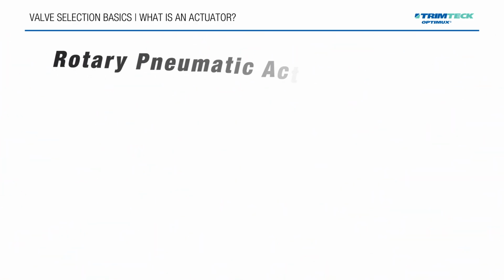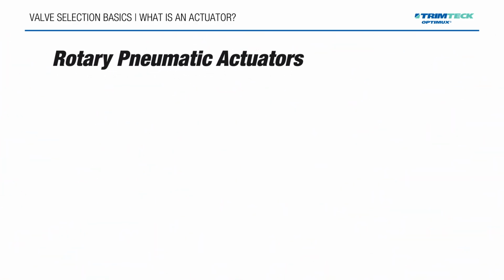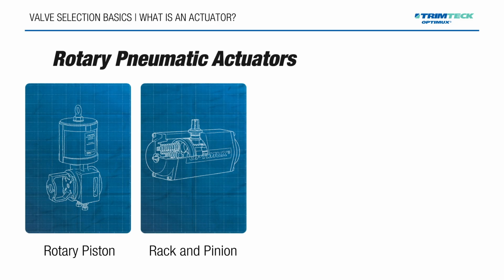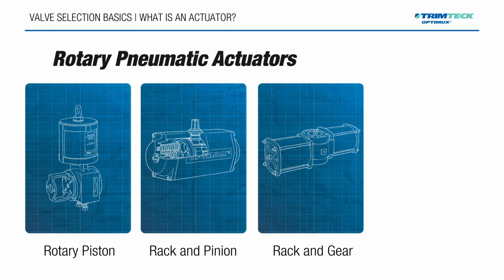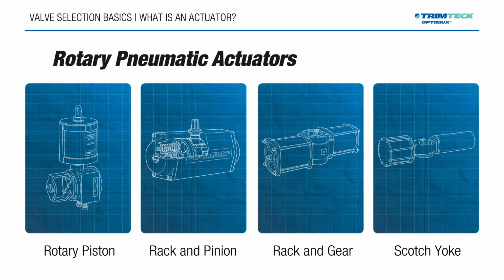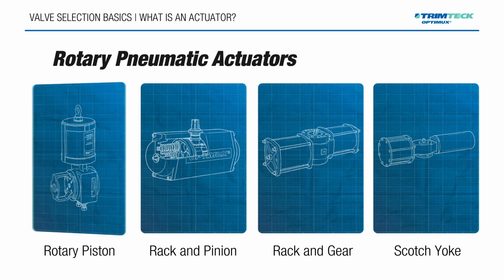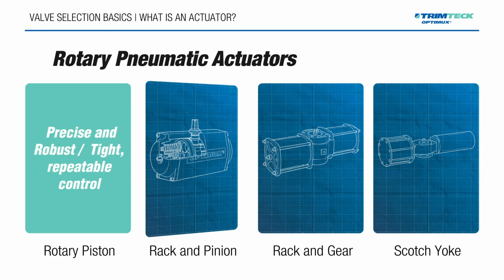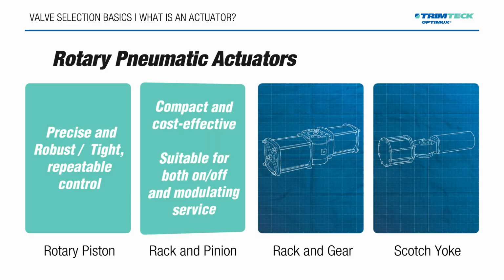For rotary valves, common actuator designs include rotary piston actuator, rack and pinion, rack and gear, and scotch yoke actuators. Rotary piston designs offer long life cycles and precise control for critical applications. Rack and pinion designs are compact and cost-effective, suitable for both on-off and modulating service.